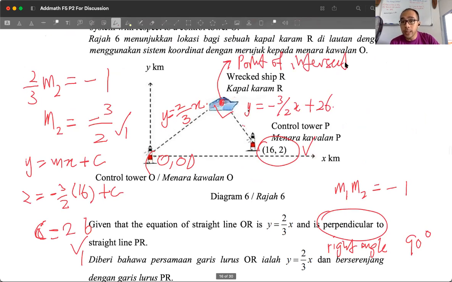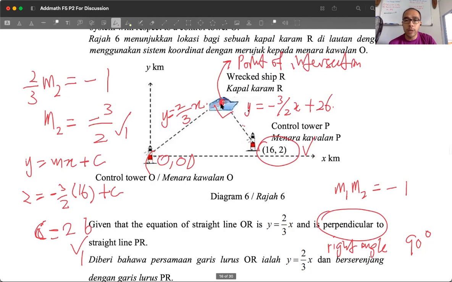Also another famous coordinate geometry question, I think among the top three. The top three in coordinate geometry are: first, M1 M2 equals negative 1. The second one is point of intersection. The third one is locus. If there is something I want to calculate in coordinate geometry, these are what will most of the time be asked.